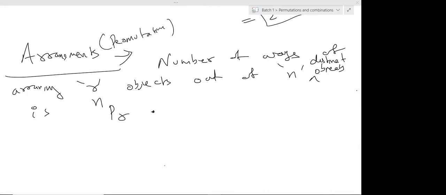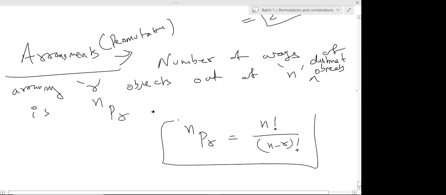And Gautam, what is nPr? The formula? Sir, n factorial divided by n minus r factorial. Absolutely right. Shabya, write it down. This is the formula for this. And you also don't know about factorial, I guess. Sir, I know about factorial.